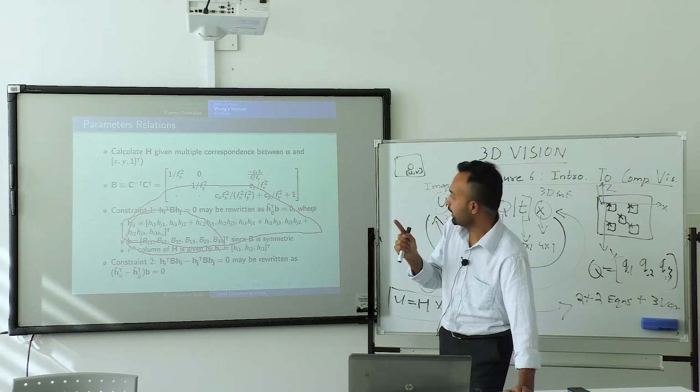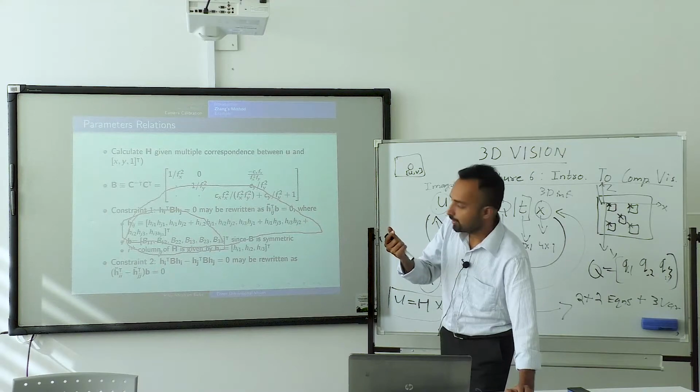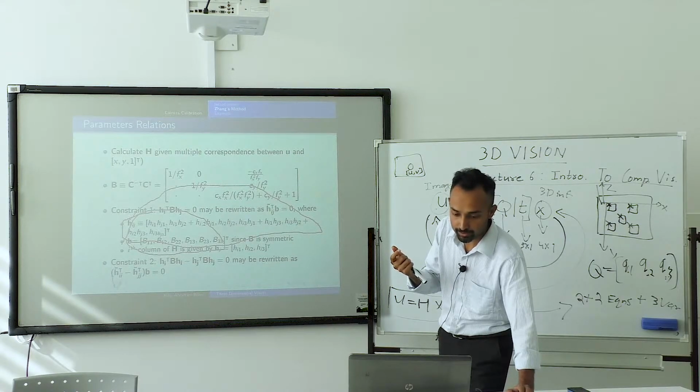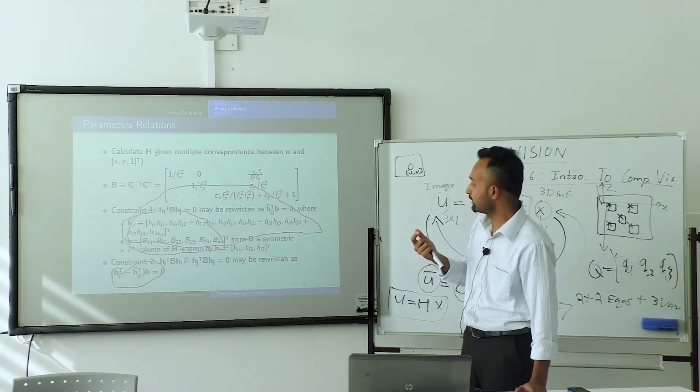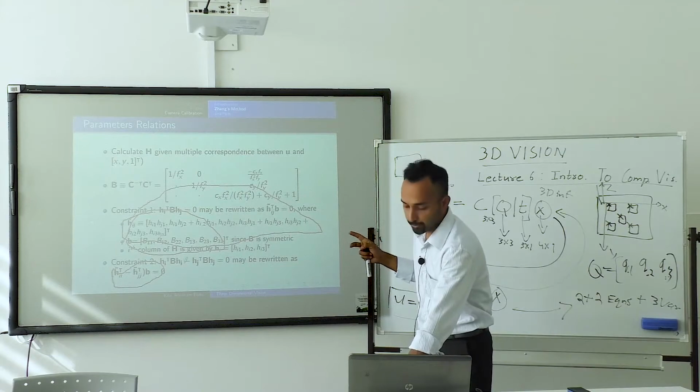You have one equation. Now from the second constraint, considering the normal conditions, you have a similar equation, and then you get another equation: S tilde I, S tilde minus S tilde J is equal to 0. So you have two different equations.